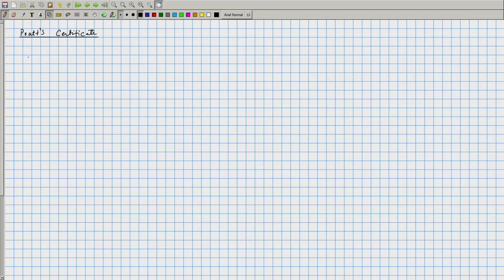This is based on the following theorem. A number n greater than or equal to 2 is prime if and only if there exists a number a less than n such that a to the n minus 1 is congruent to 1 mod n.